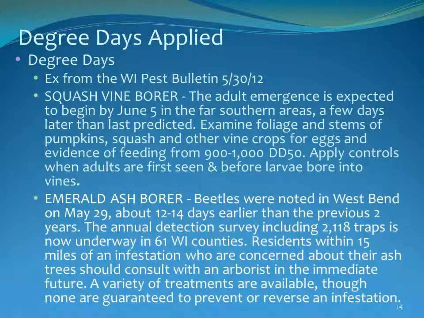And so what they do, taking that insect's life cycle and the degree days, is tell you to start examining foliage and stems of pumpkin, squash, and other vine crops for eggs and evidence of feeding from 900 to 1000 degree days, and then apply controls when you first see the adults.